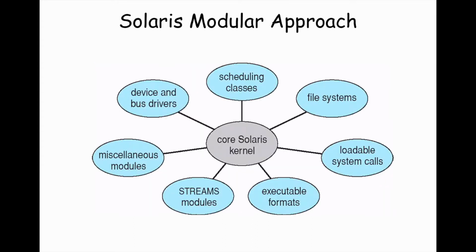Okay. So Solaris, which was the variant of Unix that was offered by Sun Microsystems, is a famous example of using kernel loadable modules. You have the core kernel, which did things like memory management and CPU scheduling, and you had all these modules here, these blue circles, for things like system calls.